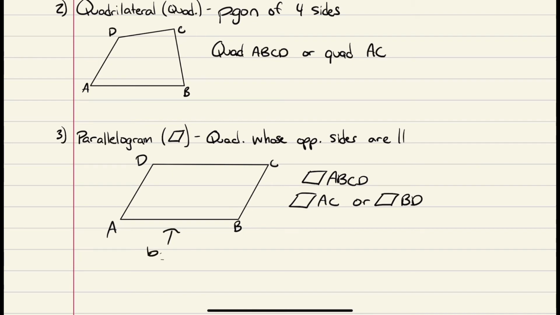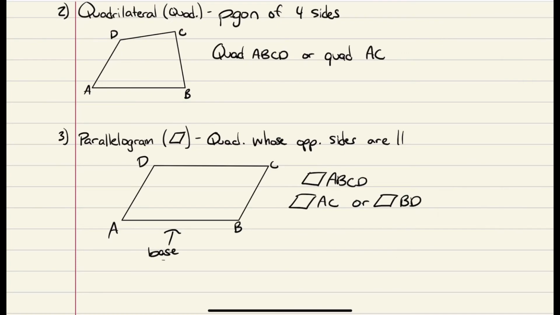Any side of a parallelogram could be considered its base. Usually it's the side that it appears to be resting on, but any side could be the base. Then if we were to draw a straight line from any vertex perpendicular to the opposite side, this would be called the altitude.